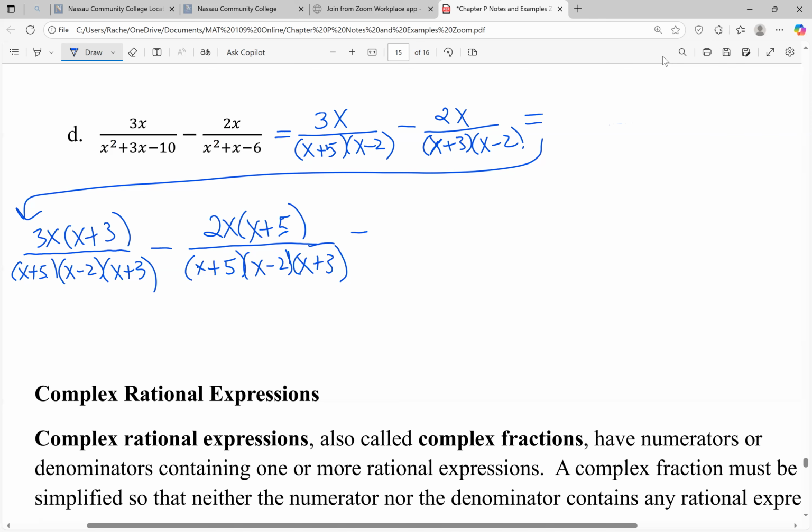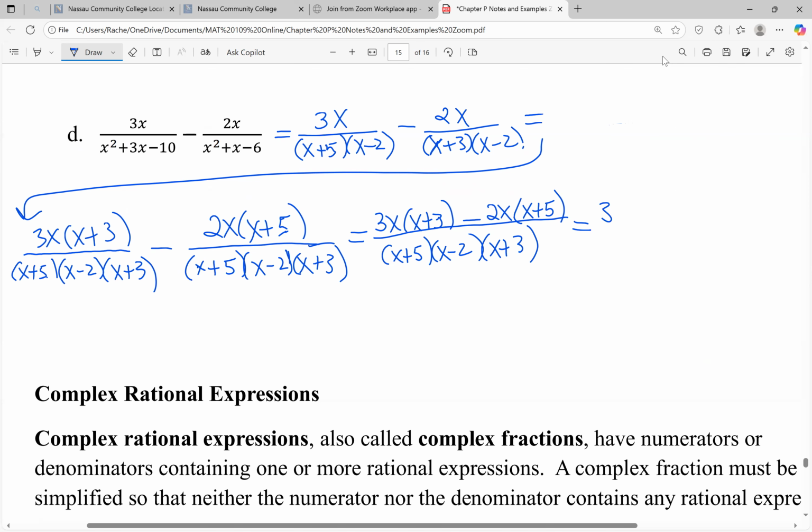Now we can subtract. So I'm going to have 3x times x plus 3 minus 2x times x plus 5, and then divided by x plus 5 times x minus 2 times x plus 3. And now we can distribute and combine like terms in the numerator.